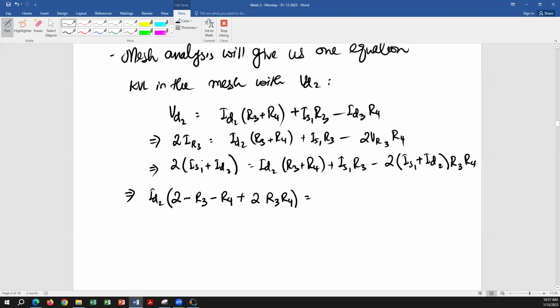And I'm going to take this IS1 to the right side of the equation, and it's going to become negative 2 IS1, and the rest stays the same, plus IS1 times R3 minus 2 IS1 times R3 R4.